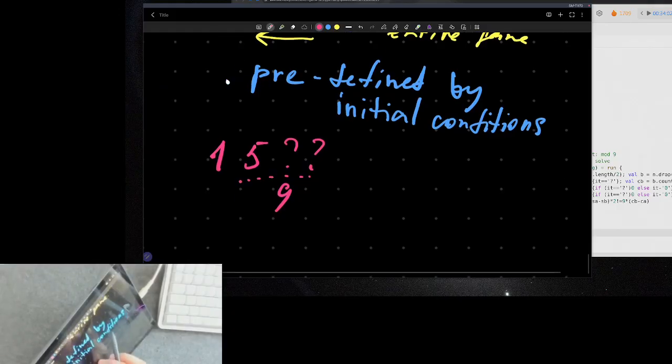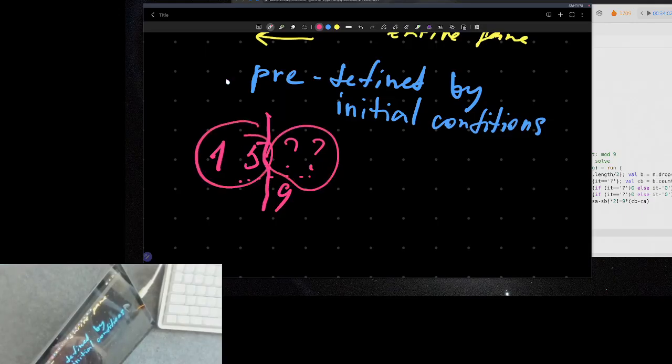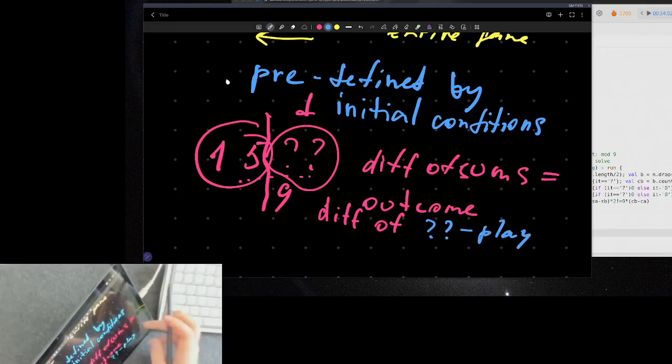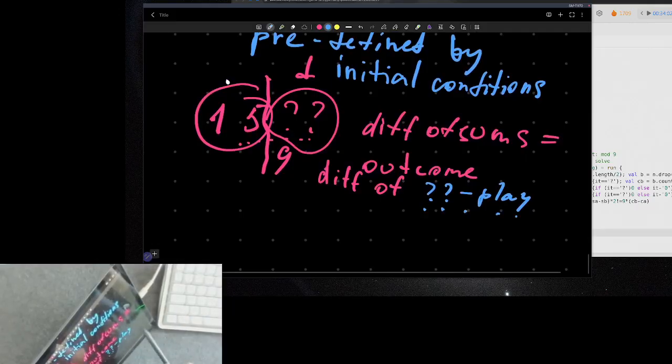But if we have some conditions where we have this difference of the sums of the left and right equal to the outcome after the game, so basically equal to the difference of the question mark play, we have to discover what this play is.